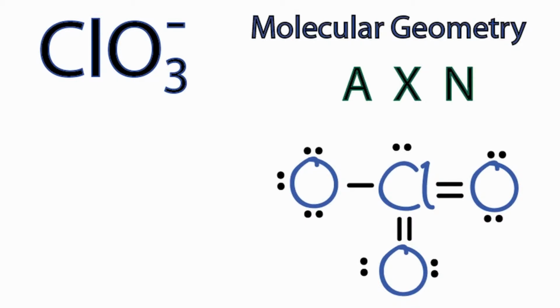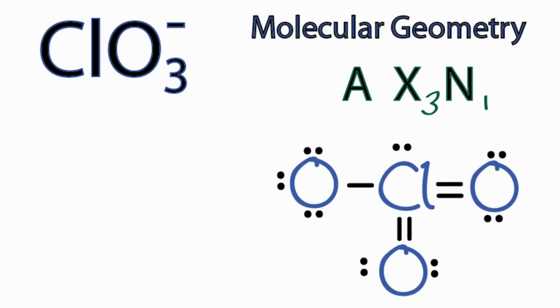So A, that's the central atom. That's our chlorine. We have 1 of those. X, that's going to be the number of atoms bonded to that chlorine atom. We have 3 of those. And then N, that's the non-bonding electrons, or the lone pair of electrons there, and we only have 1 pair of those.